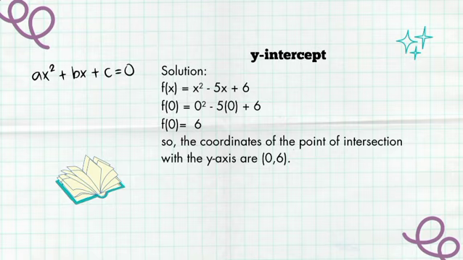So the coordinates of the point of intersection with the y-axis are the point (0, 6).